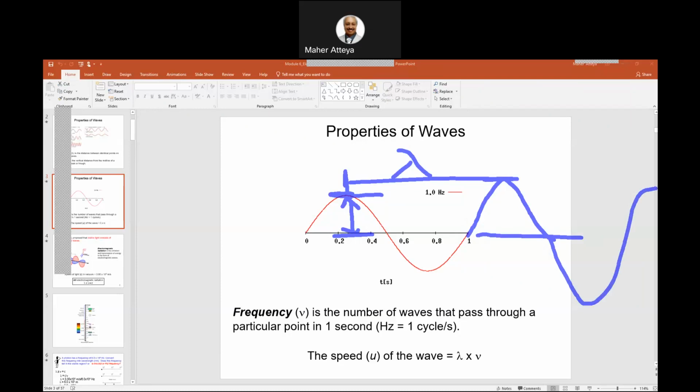So this is the characteristics of any wave: the height of it, the length between two adjacent peaks, from the bottom to the summit of the peak, that's amplitude or height, and then how it repeats itself, that's frequency.